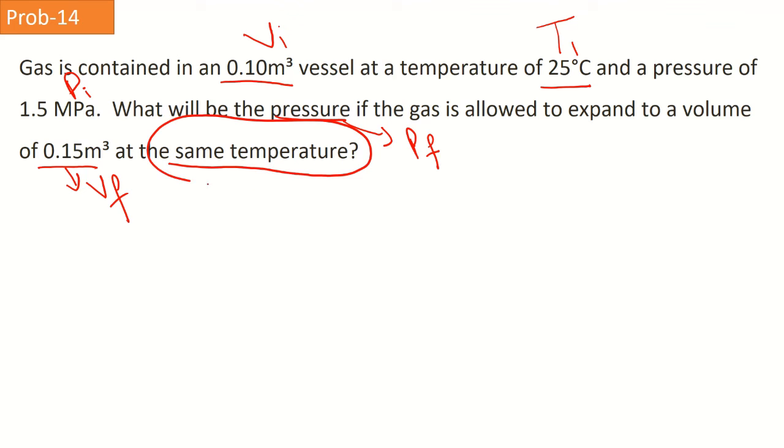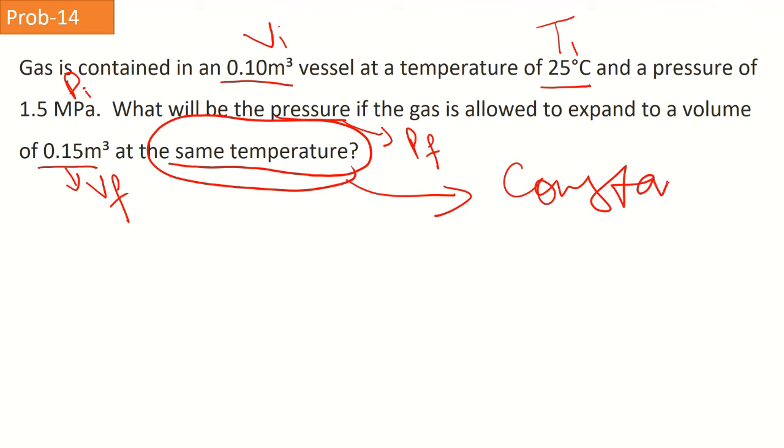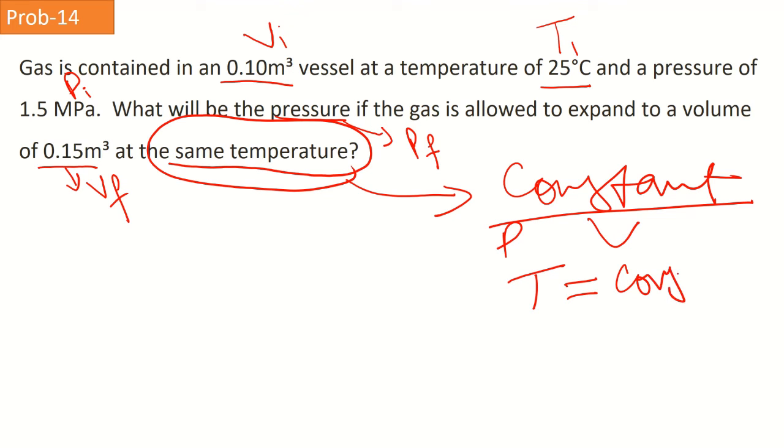So in this process, the pressure and the volume are changing, but the temperature is constant, it is not changing. This is given by the question. So we can make an idea which rule we have to use.